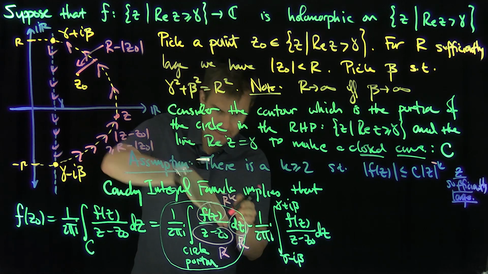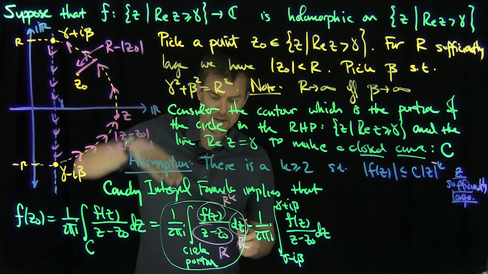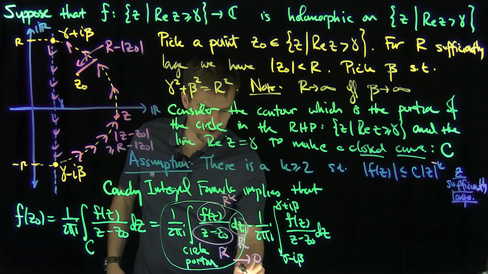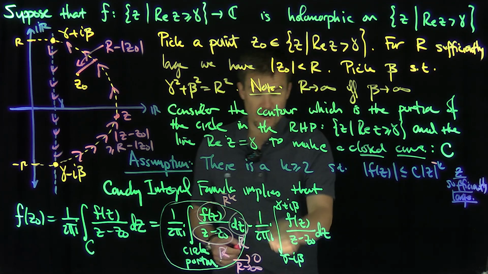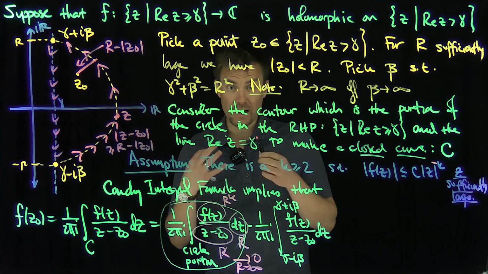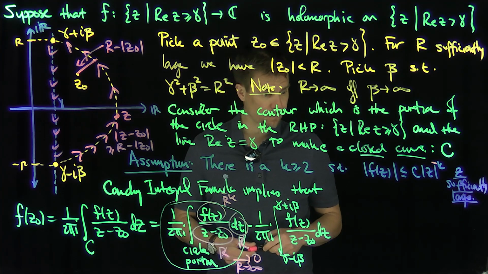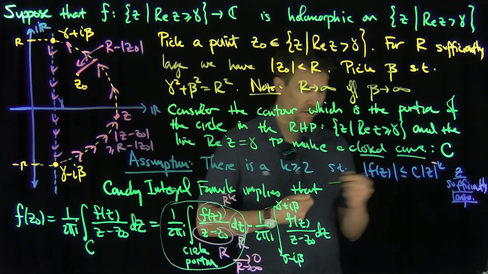So in other words, as that happens over there, what's happening? This integral over here tends to 0 as r goes to infinity, right? So that goes to 0 as r goes to infinity, but as r goes to infinity, this expression over here goes to what? That goes to this limit over here. So we've just proven the following representation formula. We have the representation formula.